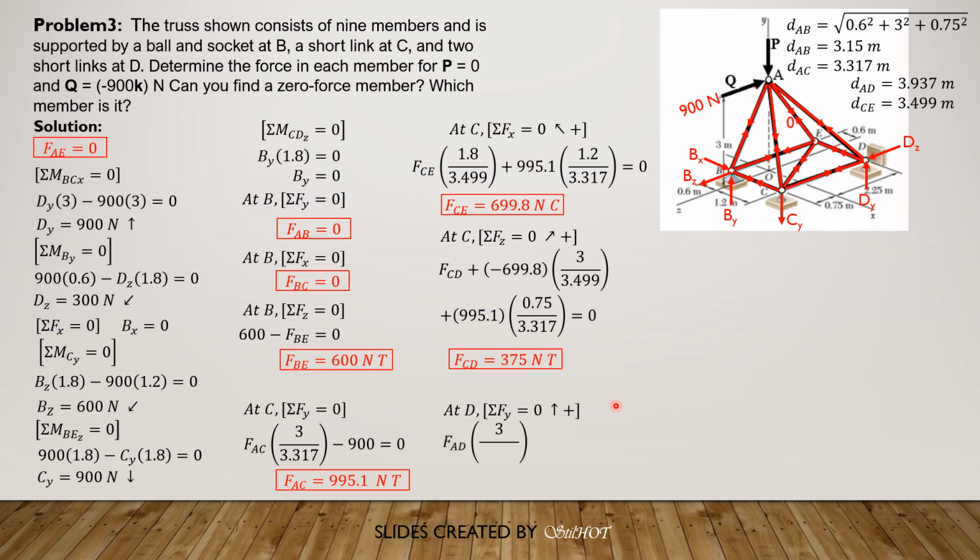So FCD is equal to positive 375 newtons, so it is tension.